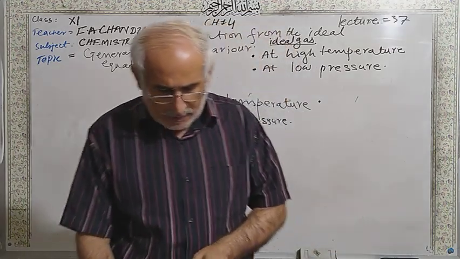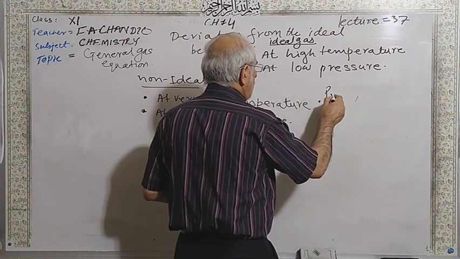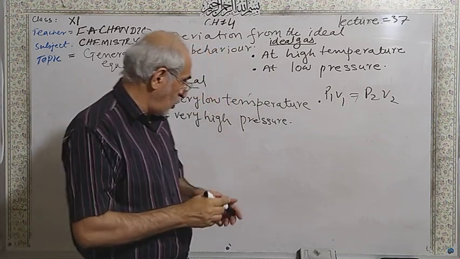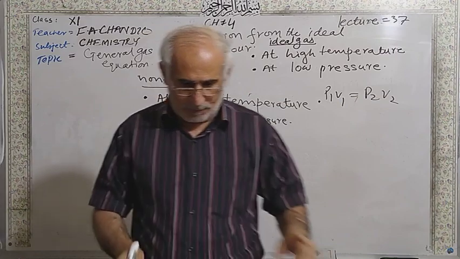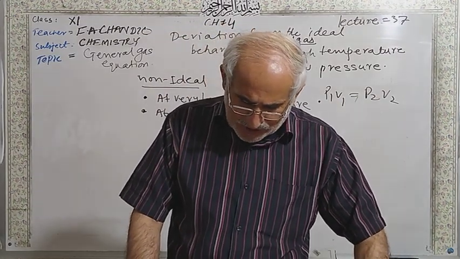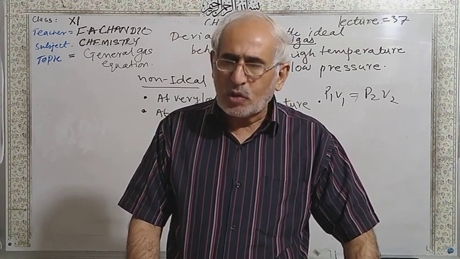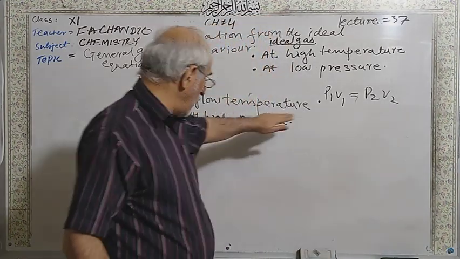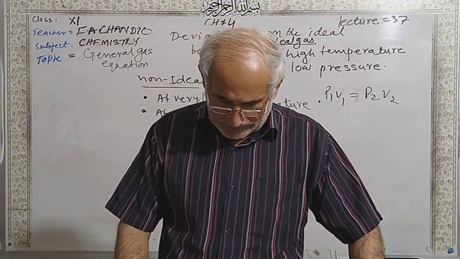Now an example is given here. According to Boyle's law, P1V1 is equal to P2V2. This is Boyle's law. These two sides should be equal, then Boyle's law is obeyed. For hydrogen gas, suppose pressure is P1 and volume is V1, and when you calculate P1V1, the answer is 22.41.